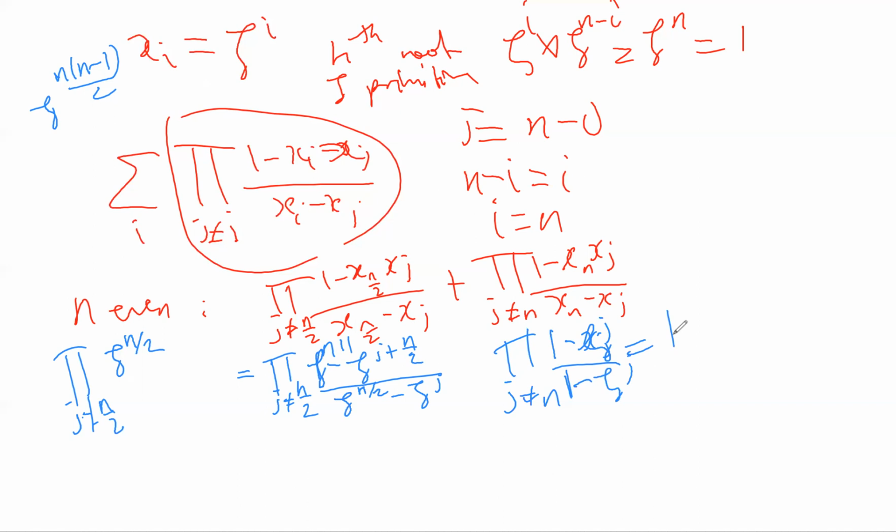Okay, so that part is always 1, whether n is even or not. So if n is even, the other part should be minus 1. And if n is odd, the other part should be 0.